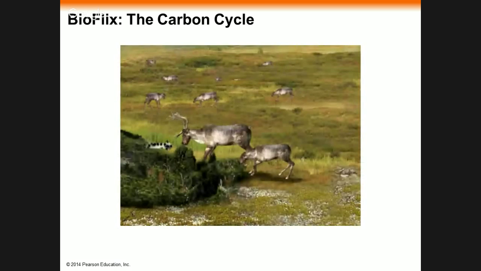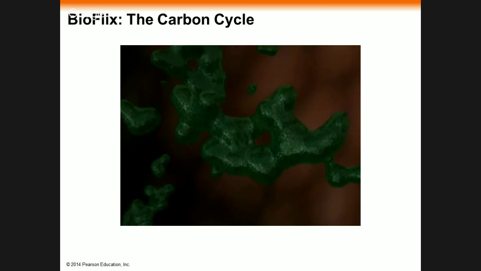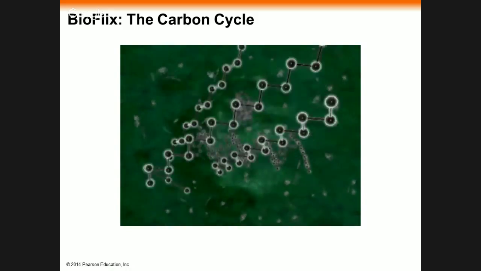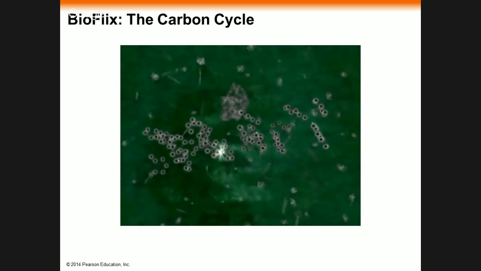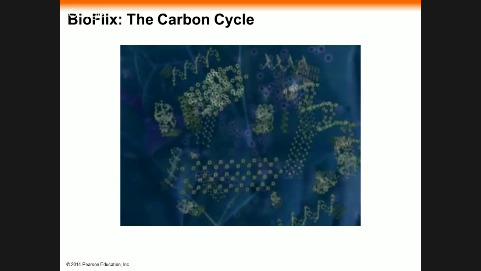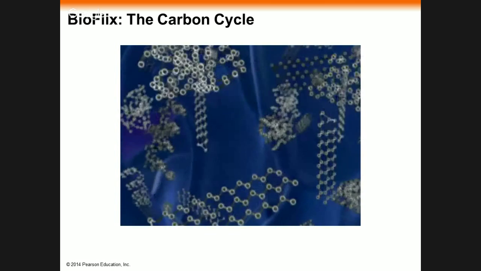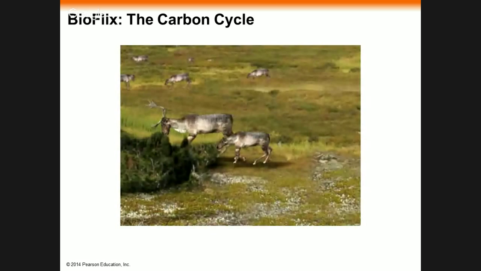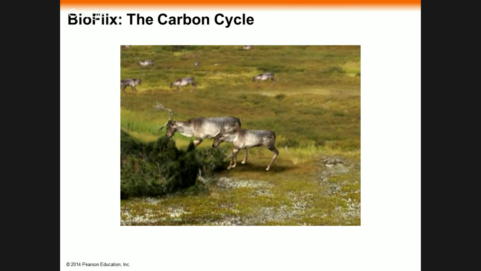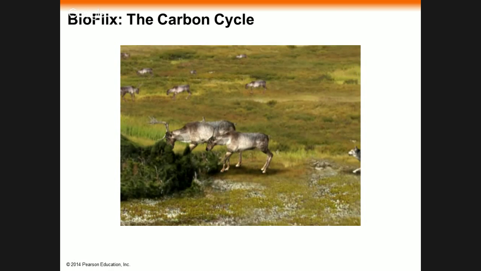When a plant is eaten by an herbivore, or primary consumer, carbon in plant tissue enters the primary consumer's digestive system. There, plant molecules are broken down. These small molecules are then used by the primary consumer to make larger molecules for building its own tissues. In this way, some of the carbon that was in a plant becomes carbon in a primary consumer.